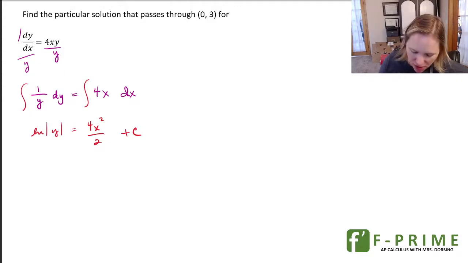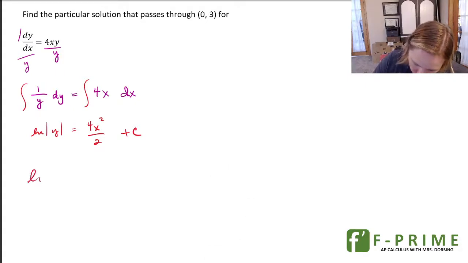Sometimes I can solve for c here, but sometimes I can't. So when I have absolute value involved, it's always better to solve for y first and then find your c. I know in the previous examples I said, hey, solve for c right away. When absolute value is involved, it's better to get rid of the absolute value bars before we go trying to solve for any constants. So how do I solve for this?